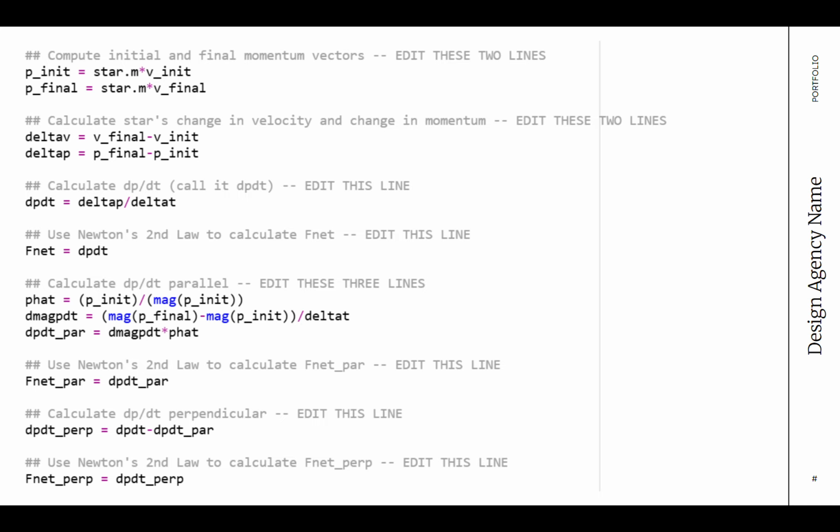P hat is P initial over the magnitude of P initial. D mag P dt is the magnitude of P final minus the magnitude of P initial over delta T. dP dt parallel is the magnitude P dt times P hat, so F net parallel is dP dt parallel. dP dt perpendicular is dP dt minus dP dt parallel, and F net perpendicular is dP dt perpendicular.